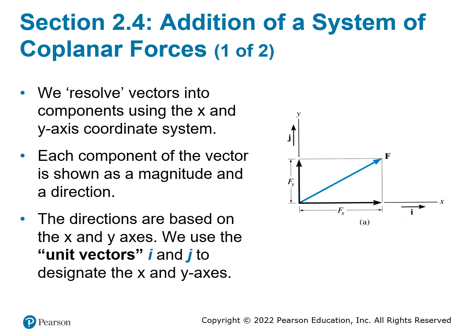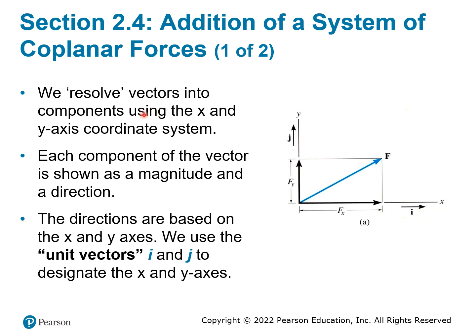So the last part of this chapter is that we are going to talk about how you add a system of concurrent forces. You can just think of these forces as vectors. It's similar to what we just mentioned. Usually to do this in the calculation, we will resolve vectors into two components.